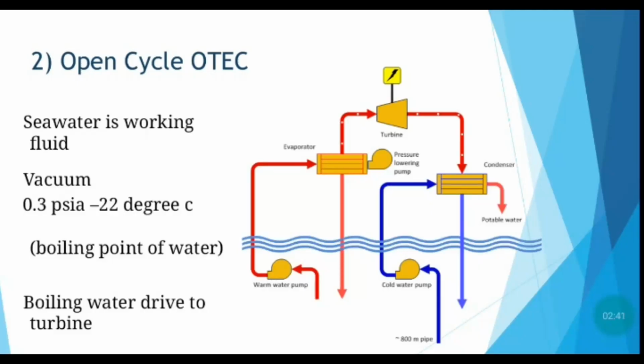In an open-loop OTEC cycle, the seawater is itself used to generate power without any kind of intermediate fluid. Open cycle OTEC uses the tropical ocean's warm surface water to make electricity.